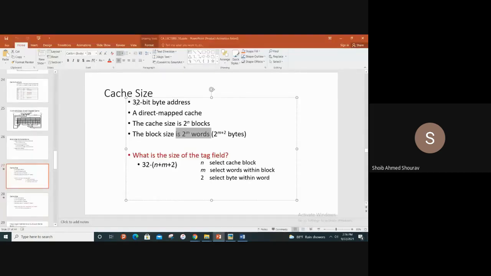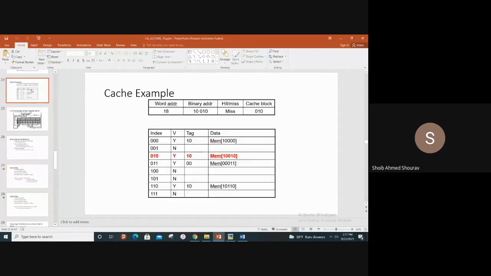Again, the address is a 32-bit byte address. Previously, the processor was demanding word numbers, the word addresses.